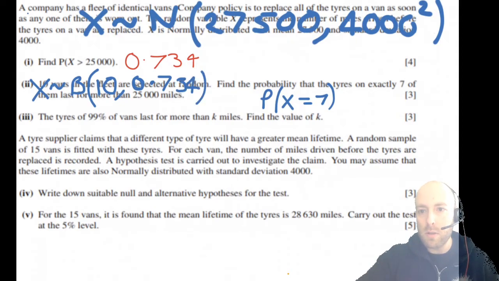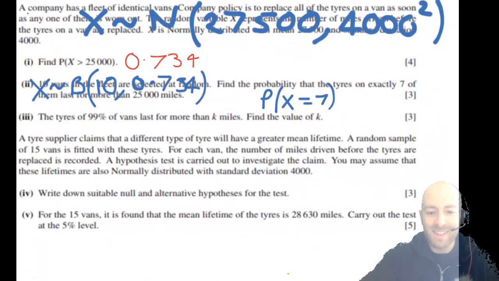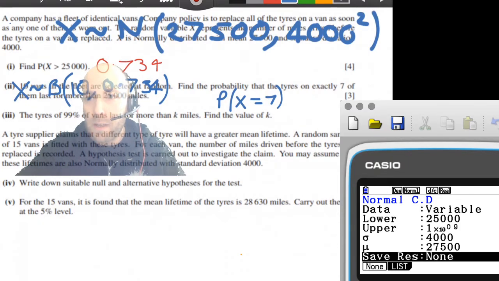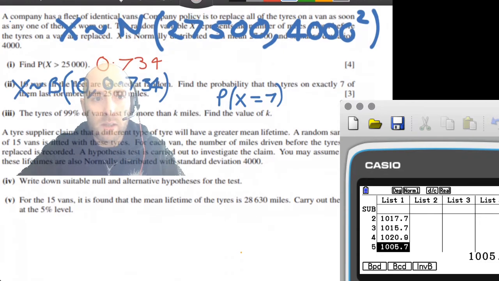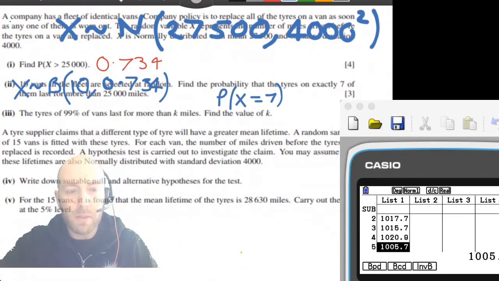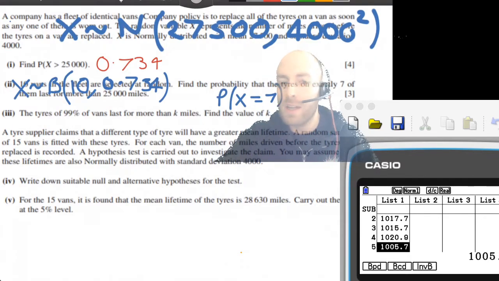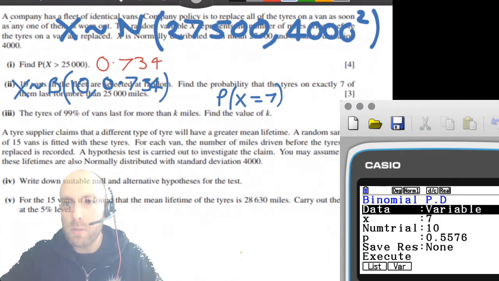So we can just do this on the binomial part of the calculator. Bring up the binomial distribution, dist, binomial. It's probability x equals 7, so it's going to be bpd, because we know the percentage.